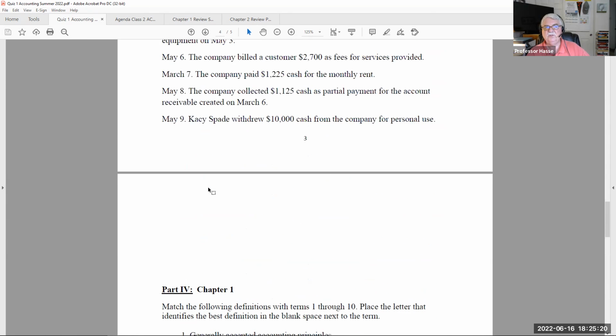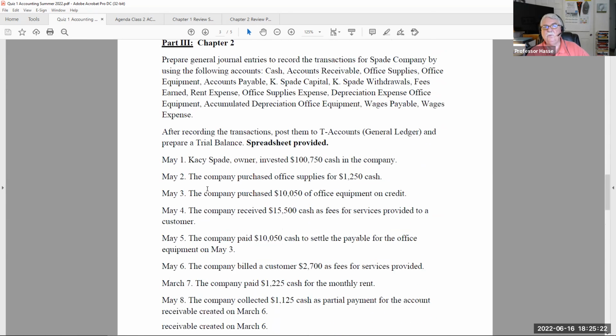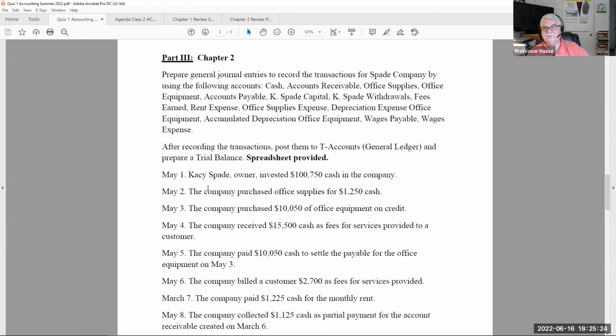And then we get to the third problem. And this is the one that you're on your own. The good thing though, I gave you a spreadsheet that's all set up. Remember, I just showed you the accounting cycle. This is the first 3 steps of the accounting cycle. You record the financial transaction on each one of these dates in what is called a journal entry.